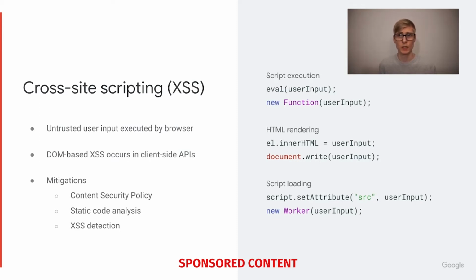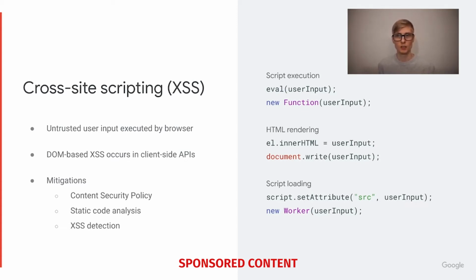Client-side, or DOM-based XSS, which we are going to focus on, occurs when the application passes user input to one of the dangerous DOM APIs, which we call injection sinks. On the right, you can see some examples of injection sinks. Eval is probably the most recognized one, but assigning to innerHTML or script.src are other good examples, and will cause XSS if passed untrusted user input.